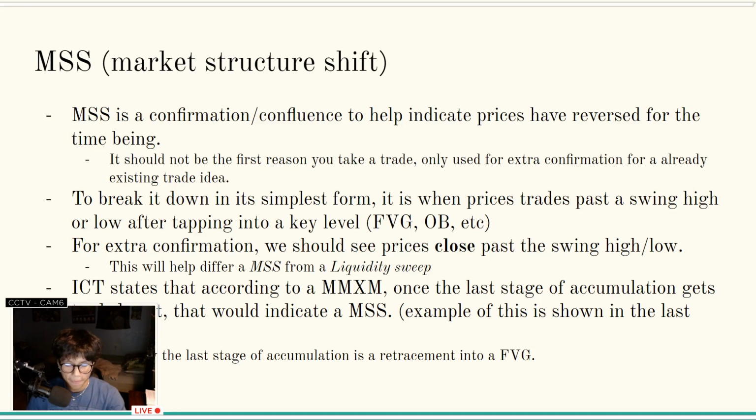He doesn't really delve into this too much, but I did hear, and I've studied, that once that last stage of accumulation gets traded past, let's say we're on the sell side, and it's a market maker's sell model, once we trade lower past that swing low, that will be our, hey, we just had a market structure shift, and then we can consider that retrace back to it.